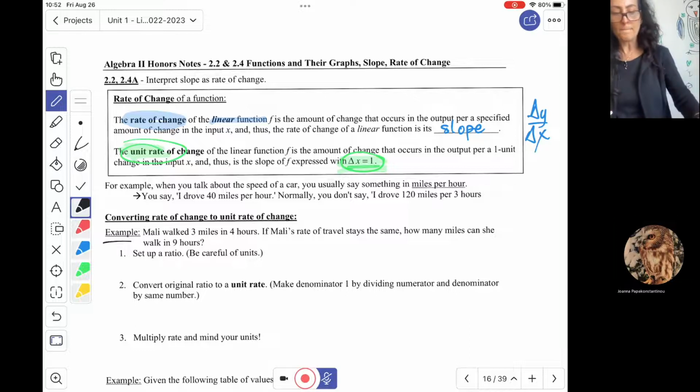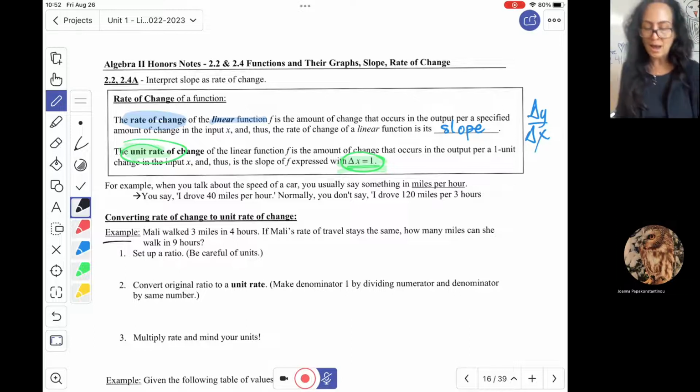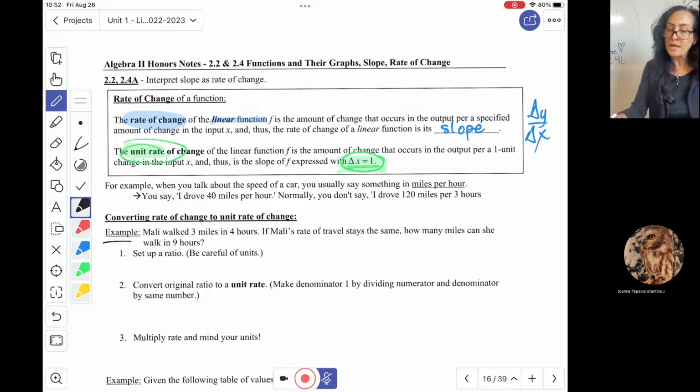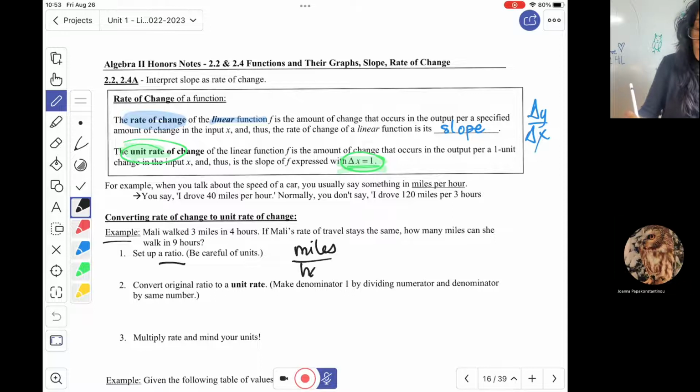Molly walked 3 miles in 4 hours. So if I want to write a ratio representing the rate of travel, miles for the time, I want to set up a ratio where I have miles over hours.